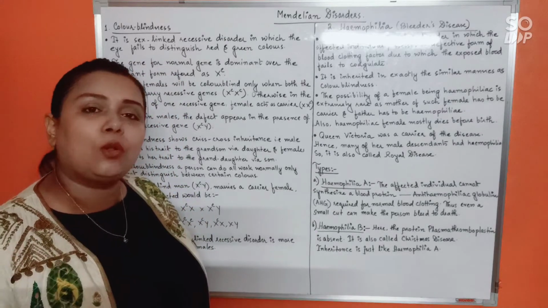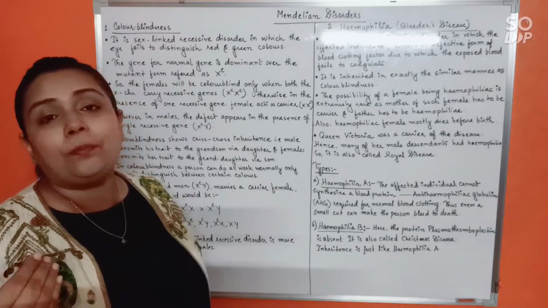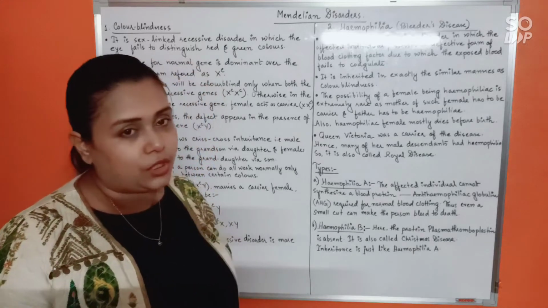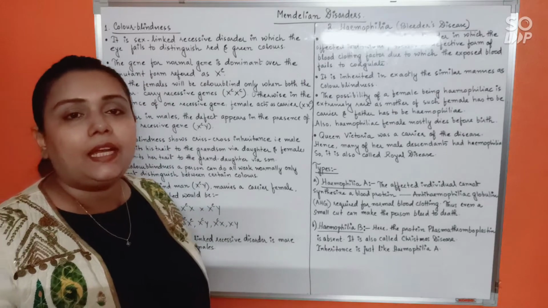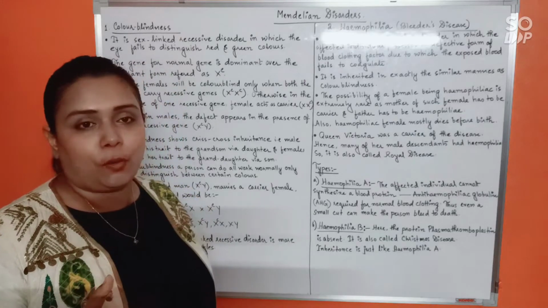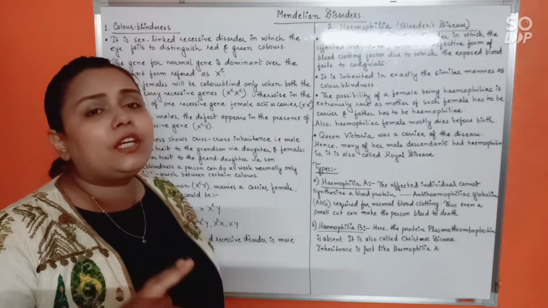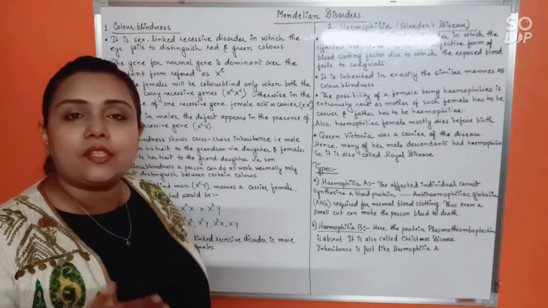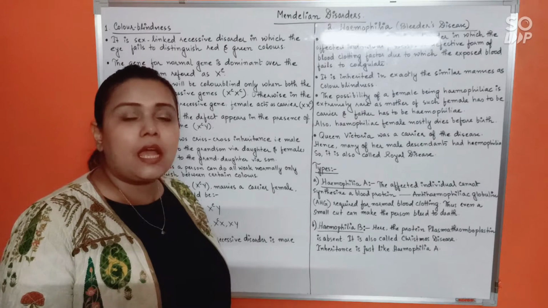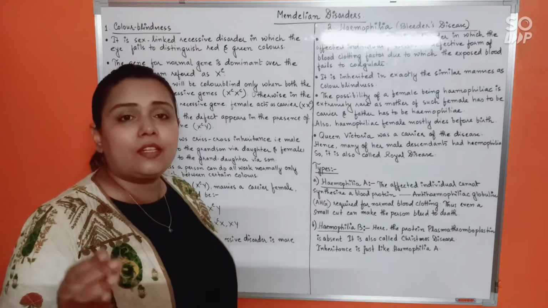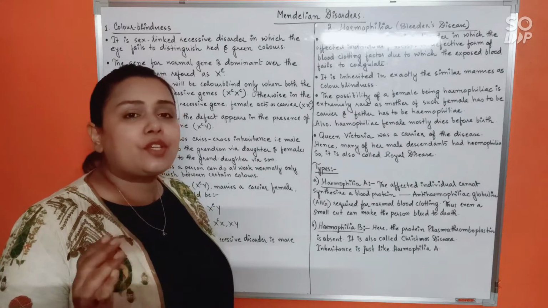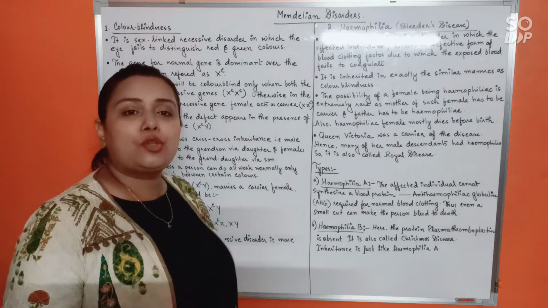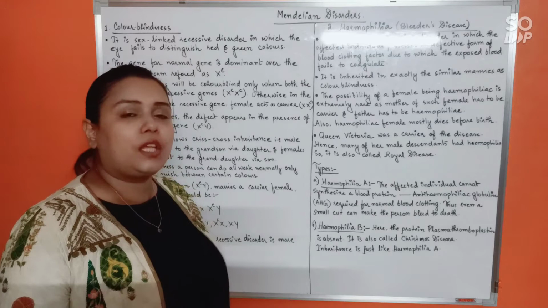Or else we can also say that the X chromosome passes from the father to the grandson via the daughter, and the X chromosome moves from the mother to the granddaughter via the son. Okay, same thing. This is what is called criss-cross inheritance, and in all types of X-linked recessive disorders, criss-cross inheritance will follow. Alright, so color blindness will show the pattern of criss-cross inheritance.